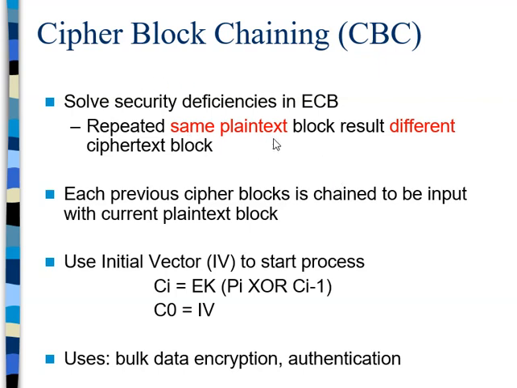Repeated identical plaintext blocks will result in different ciphertext blocks. In this method, each previous ciphertext block is combined with the current plaintext block as input.